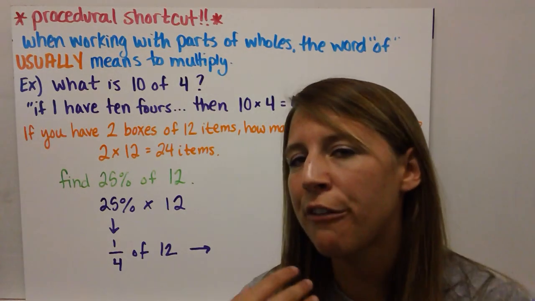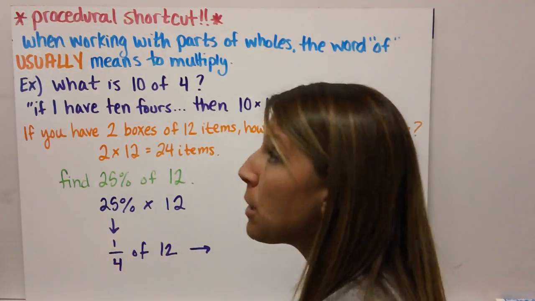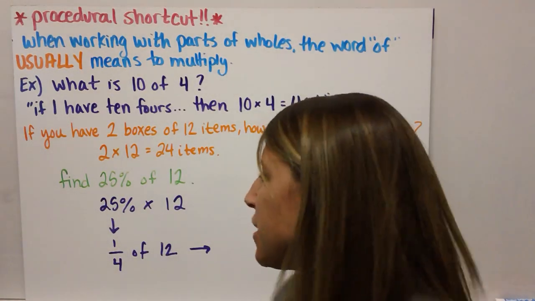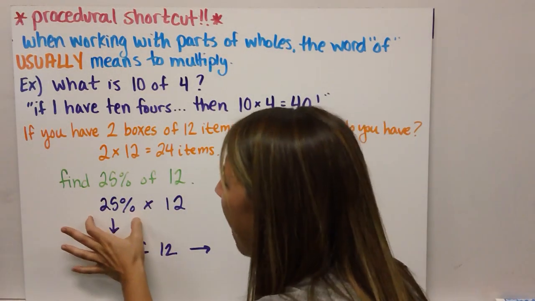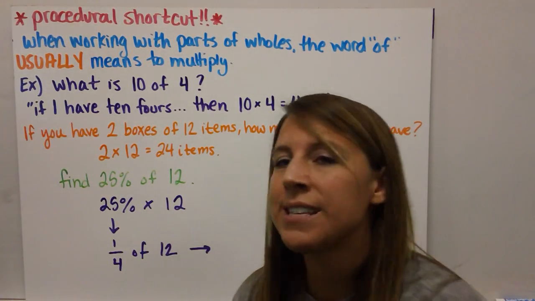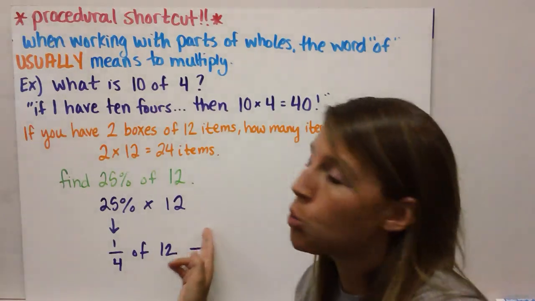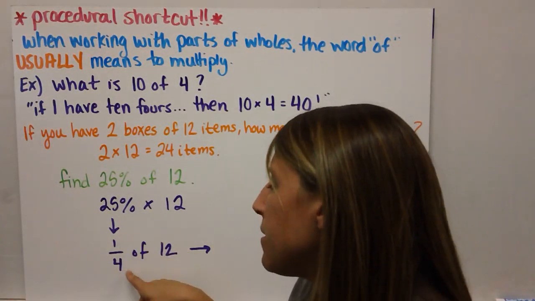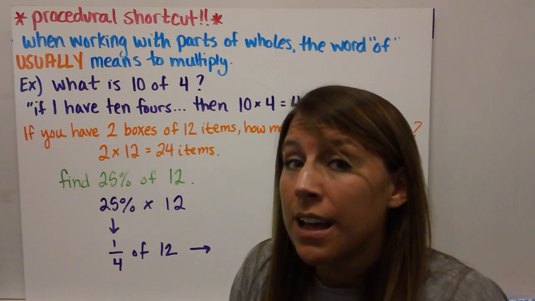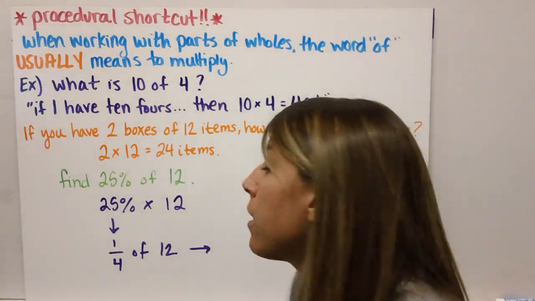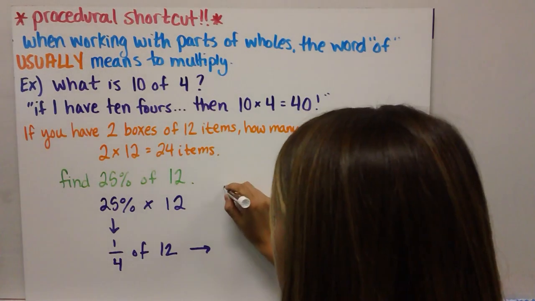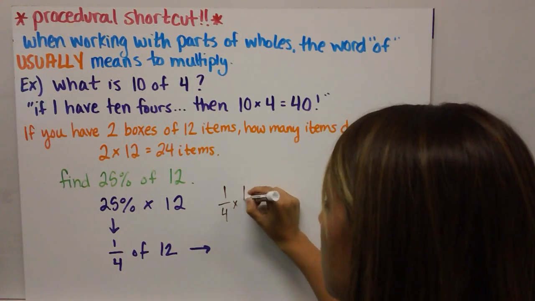And then when we break down into fractional parts of one whole, like a percent, find 25% of 12. Well, I can't use that 25, but if I'm going to say 25% of 12, I'm going to say 25% times 12. Now I'm going to work with 25% as a fraction. I know that 25% is equivalent to 1/4. So now I'm saying 1/4 of 12, which is 1/4 times 12.